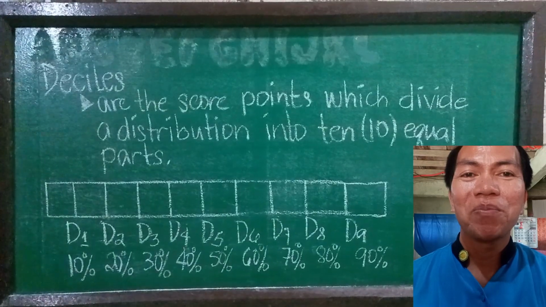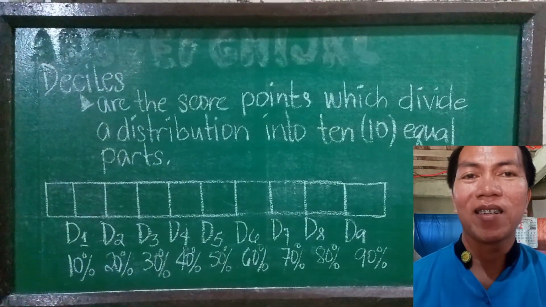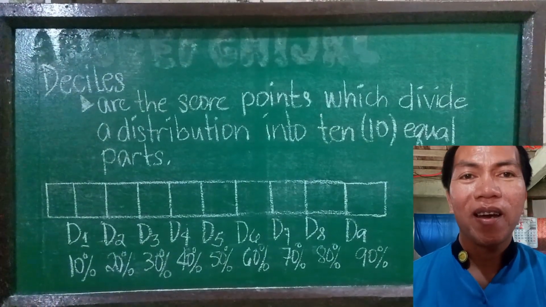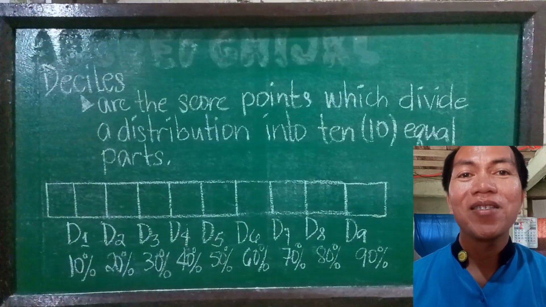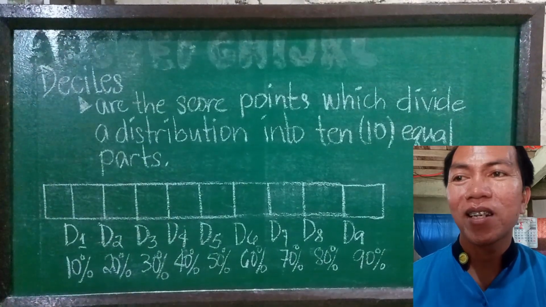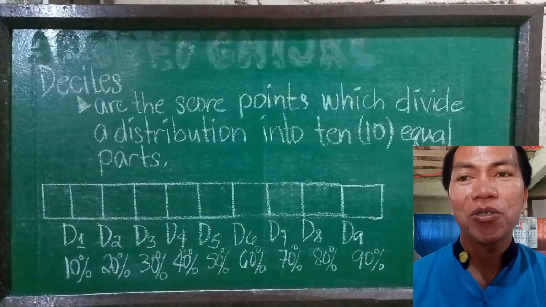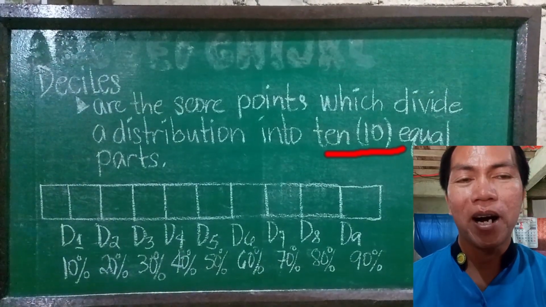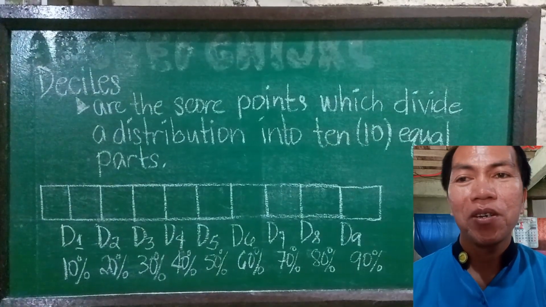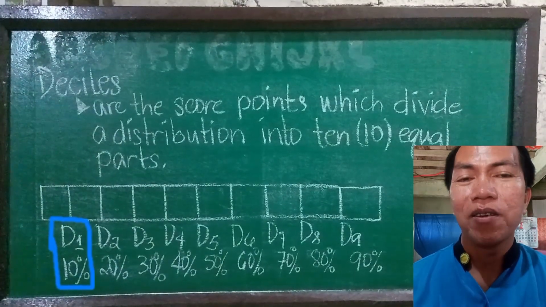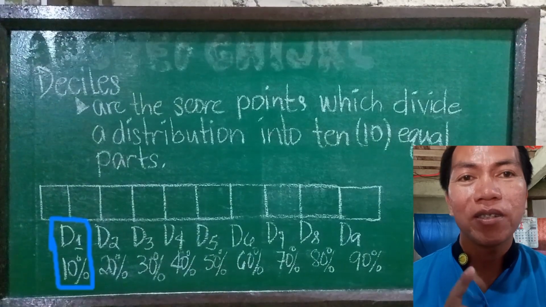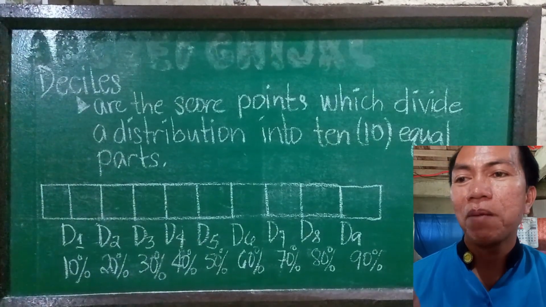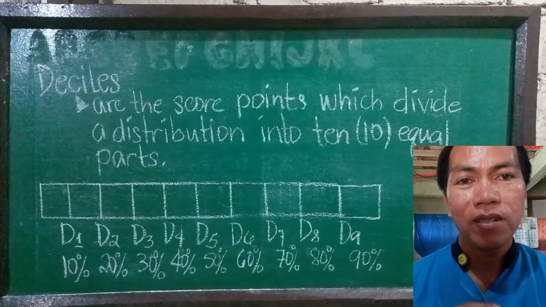Okay, the next measure of position is deciles. While quartiles divide the distribution into 4 equal parts, deciles are the score points which divide the distribution into 10 equal parts. In this figure, we have decile 1, which is equivalent to 10%. So from 0 to 10, this is decile 1.